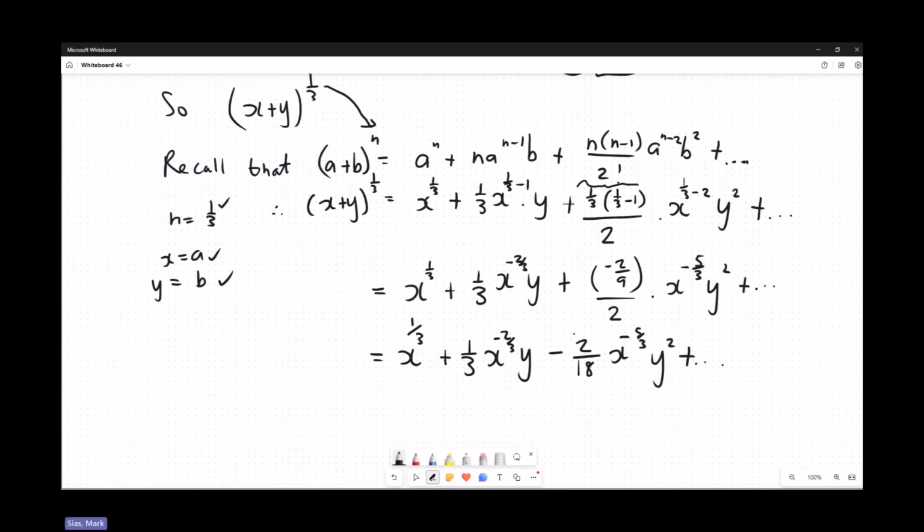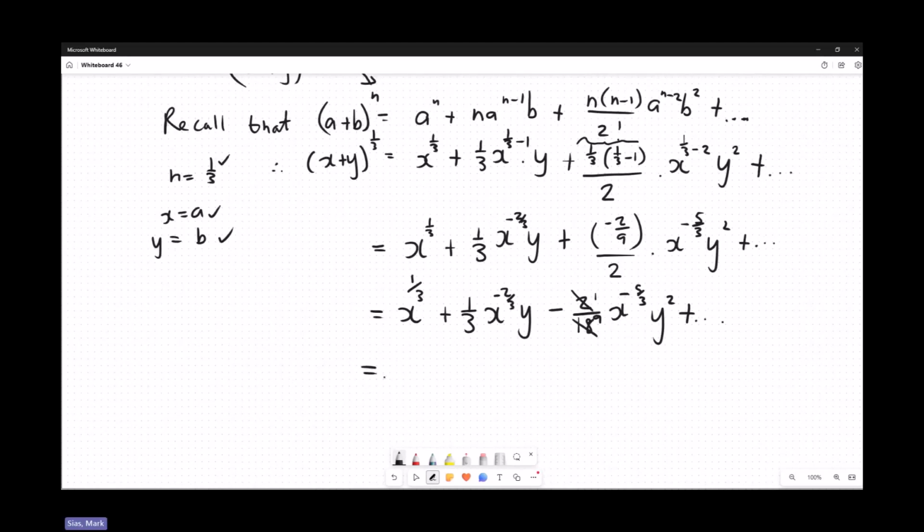And of course, we can simplify this further. This is just minus 1/9.